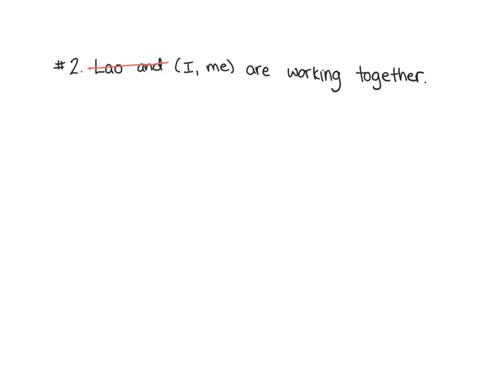Now, the reality is that neither of these sounds right because I and me are both singular pronouns. And as we know from making our verbs agree, are is a plural verb, right?